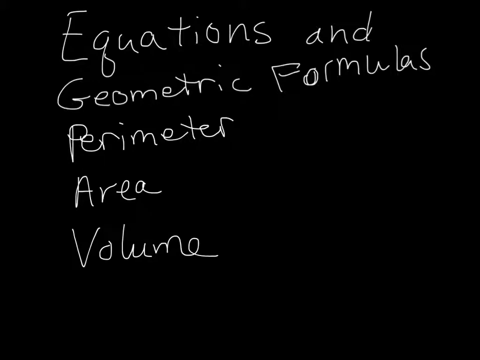Perimeter, and it's going to be of rectangles, squares, parallelograms, as well as rectangular solids. And solid implies 3 dimensions. So perimeter is, think of it as adding up all the sides, all the outsides.